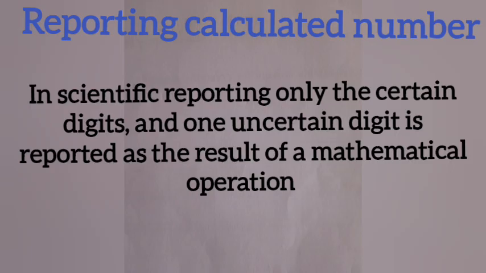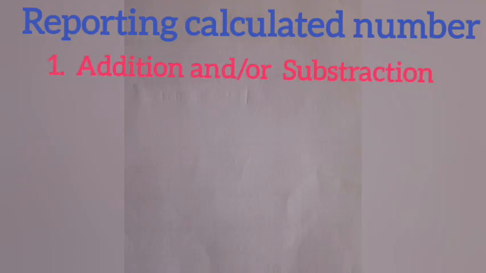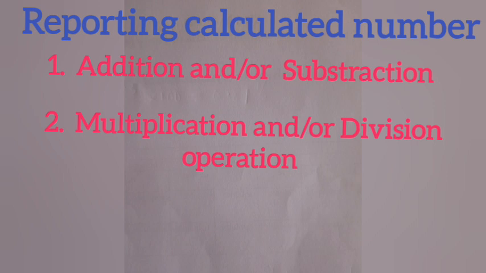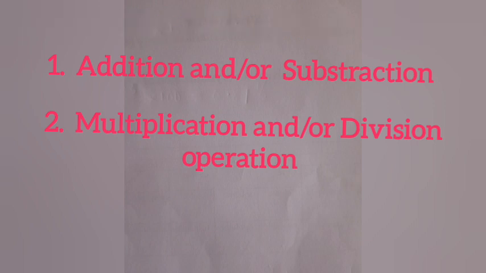I will explain this more when we move to the next step. Under reporting calculated numbers, we have two rules. Number 1, we have addition and/or subtraction operation. Number 2, we have multiplication and/or division operation.